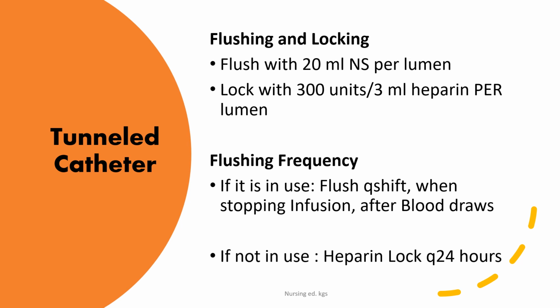In terms of flushing, you'll flush with a flush that is 10 mLs or higher, and the pressure should not exceed 25 pounds per square inch, or psi. And when you're flushing these catheters, you also need to observe if there is any extravasation, swelling, or the patient complains of burning, pain, or discomfort.